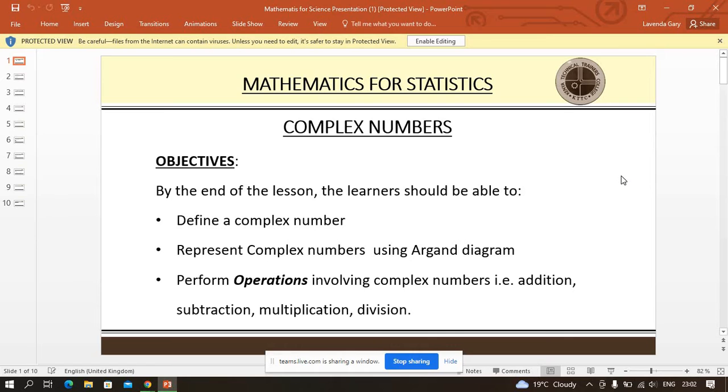Okay. That's a good trial. Anyone? Next person, Oseda, can you try what a complex number is?